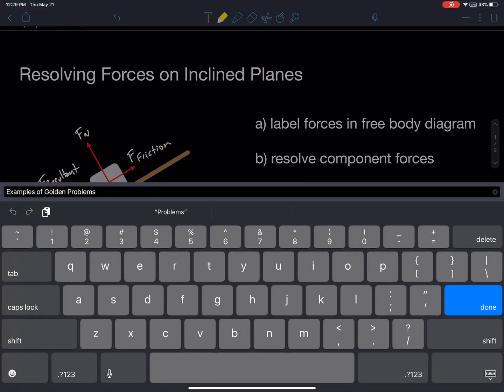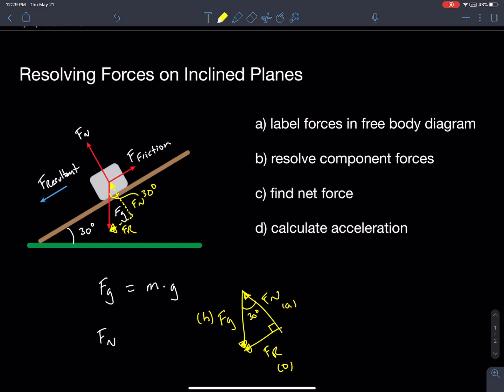So if I want to look at the relationship between Fg and Fn, that's my adjacent, that's my hypotenuse. They're related by cosine theta. Okay, so cosine theta is equal to adjacent over hypotenuse. Cosine of 30 degrees is equal to Fn over Fg.